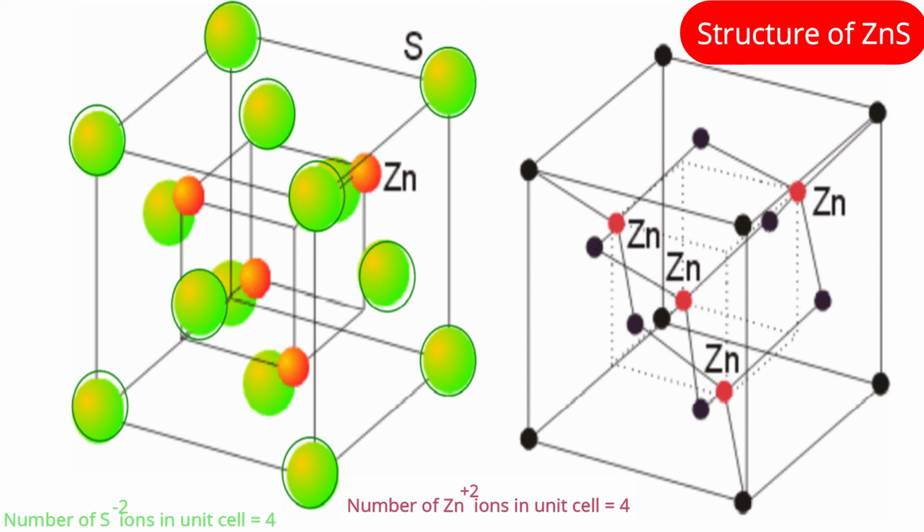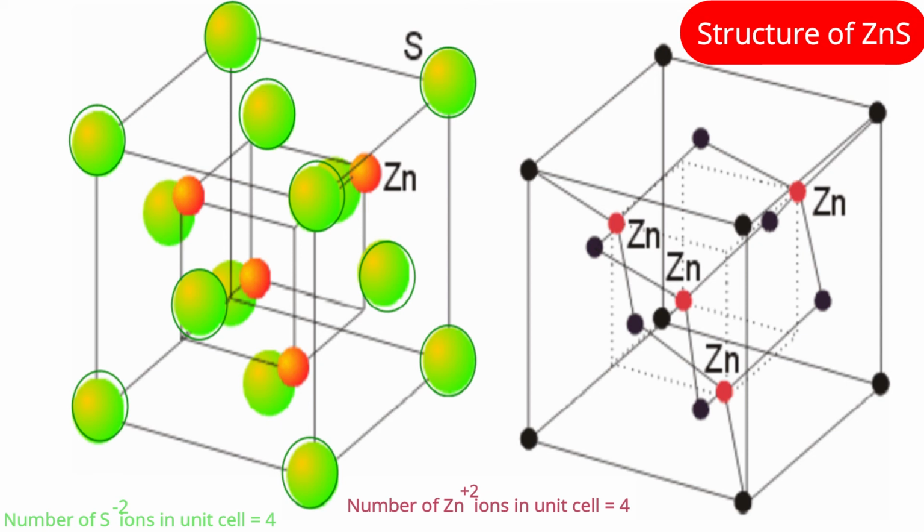Shortly, if I have to explain, 8 corners are there and the contribution of sulfide ion at the corner to that cube is 1 upon 8 into 8 is equal to 1, and sulfide ions at the center of a face have contribution half, such 6 sulfide ions are there, so half into 6 is equal to 3, so 1 plus 3 is equal to 4.